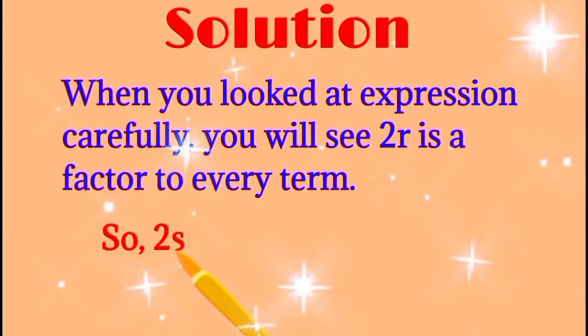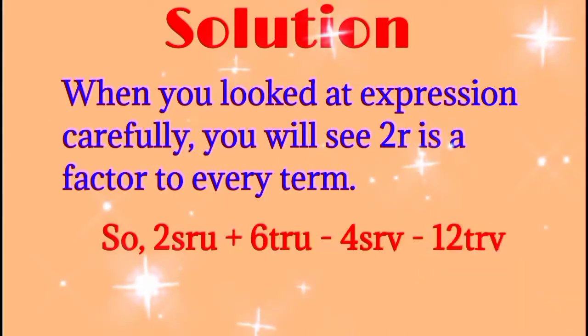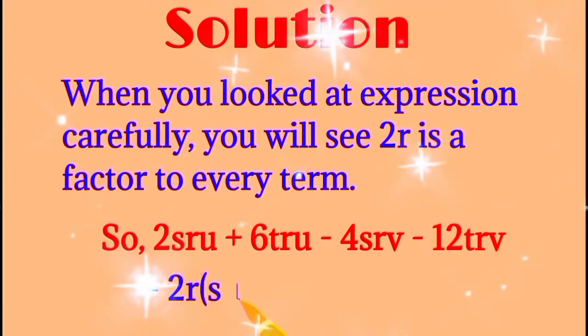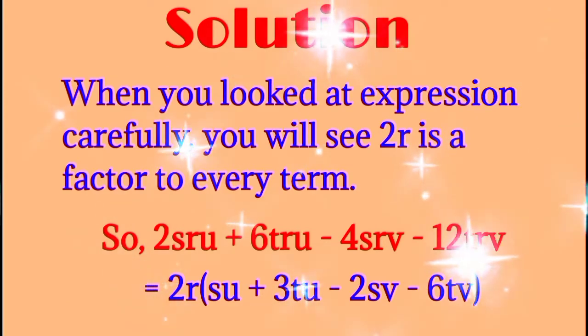It's common to all the terms in the expression. So that gives us 2sru plus 6tru minus 4srv minus 12trv equal to 2r. Now we are left in the bracket su plus 3tu minus 2sv minus 6tv.